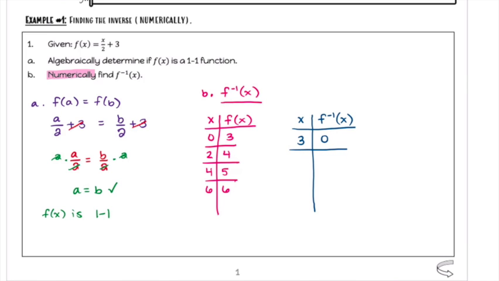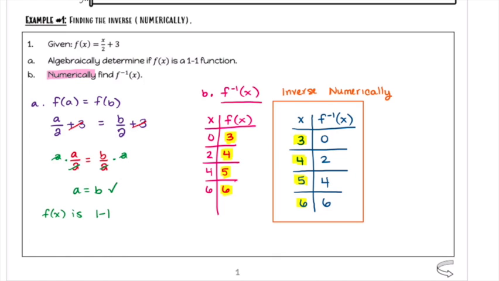If my original point was (2, 4), so each of these y values are going to be my new x values. And each of the original x values are now my new y values. And this is the inverse numerically.